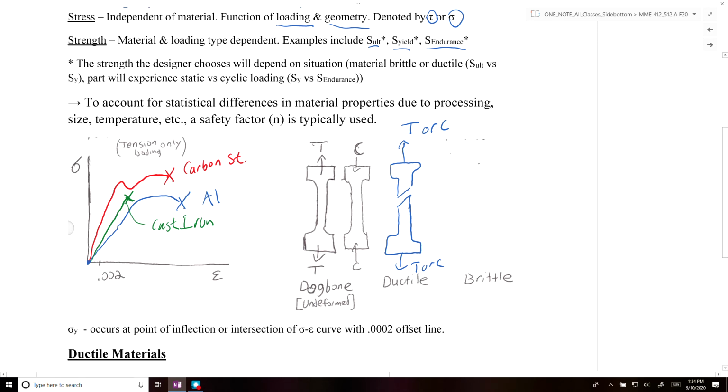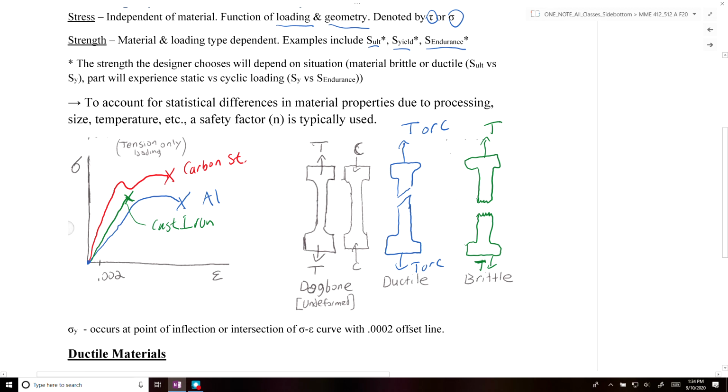If it's in a tensile mode, and we draw our dog bone, what we end up getting in tension is typically the brittle material is going to fail along the direction of the maximum principal stress, which in this case is along the applied force.